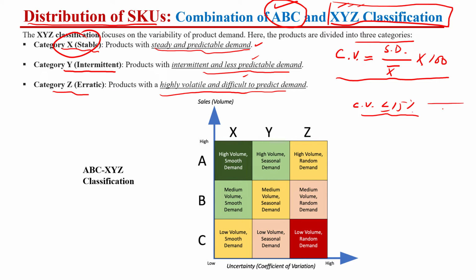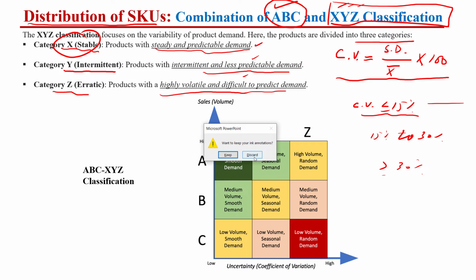If it is 15% to 30%, we can say that it is intermittent. More than 30% would be considered the Z category, which has highly volatile, highly unpredictable demand that is difficult to predict.